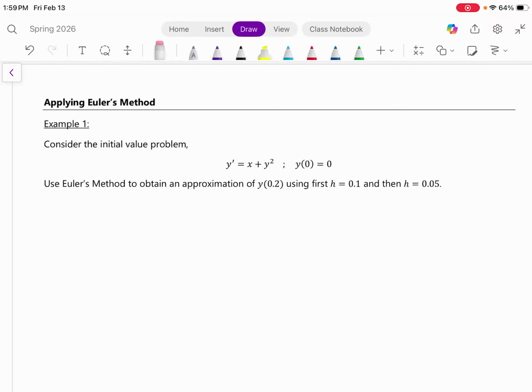It's saying use Euler's method to obtain an approximation for y of 0.2. So when we have an x of 0.2, we want to get the output for that. And we're going to use step sizes of 0.1 first and then 0.05 second. So let's rewrite the formula for Euler's method.